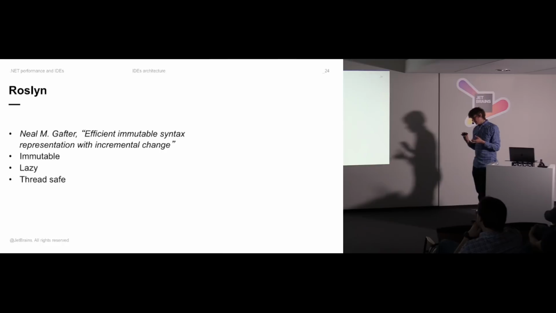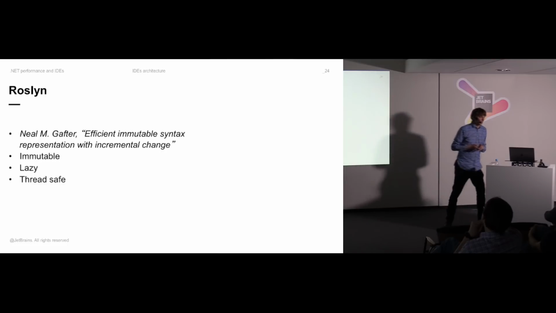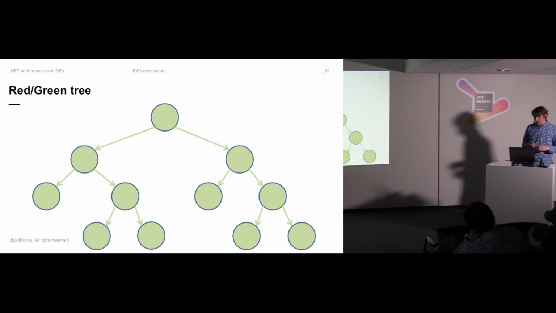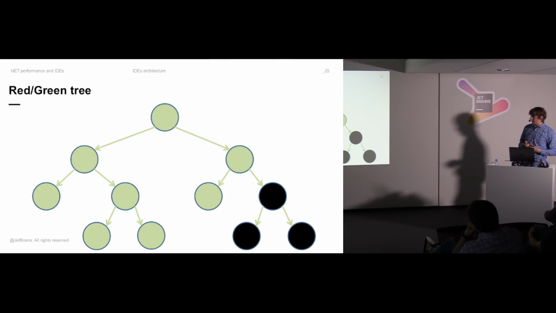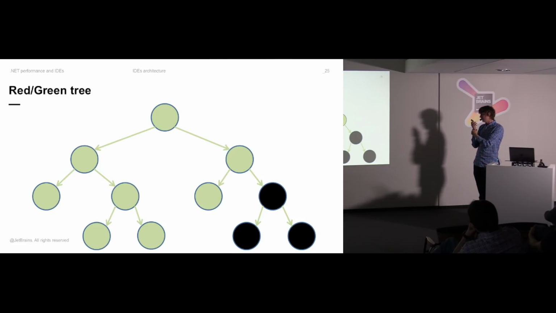When I modify this file in Roslyn, instead of modifying this structure and acquiring some sort of locks, I just invalidate the affected nodes and then reconstruct the new snapshot, the new part of the model from scratch, although they reuse as much as they can.